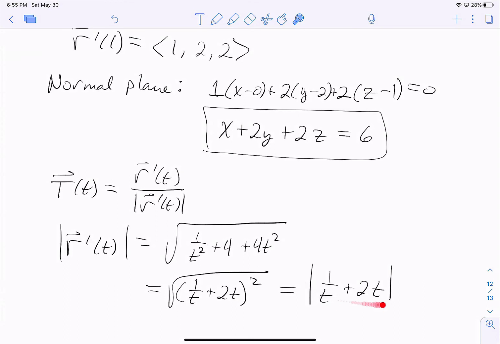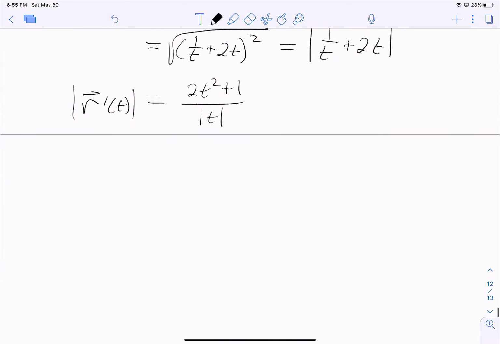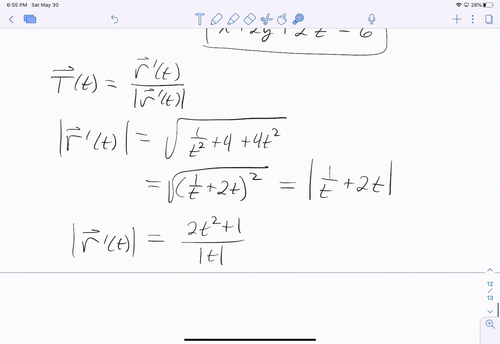Now, this expression we just came up with is about to become something in a denominator. So I'd rather get common denominators and express it as a single fraction. And in order to do that, we're going to end up with 2t squared plus 1 divided by the absolute value of t. So there's the magnitude of r prime.